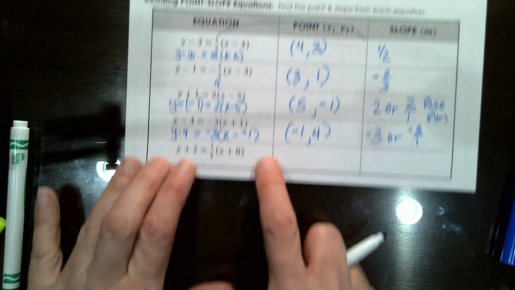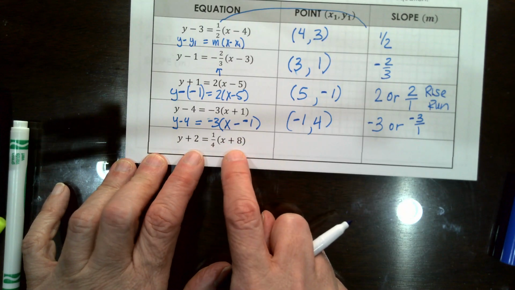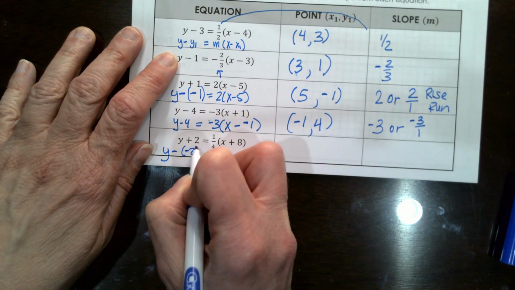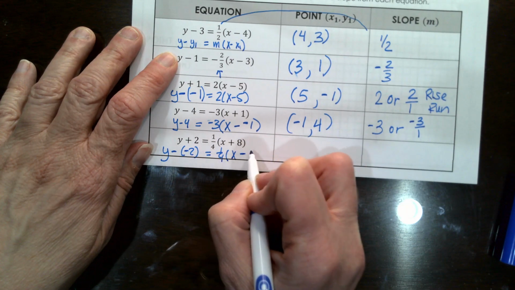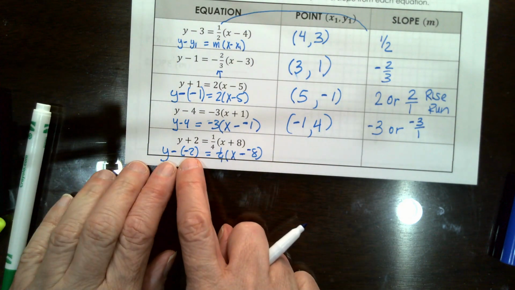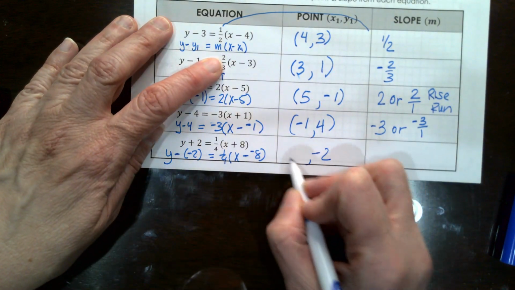Okay. Now, we have two pluses. All right. If you need to see this as subtraction, let's say y minus negative 2 equals 1/4 times x minus negative 8. All right. So the y value is after the y, so y minus negative 2 is our y.